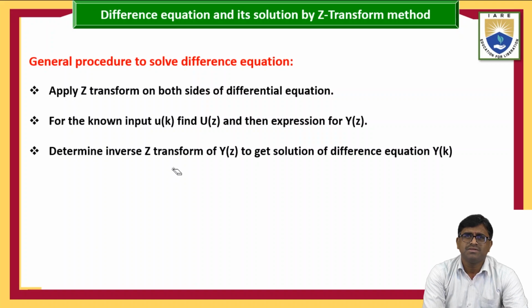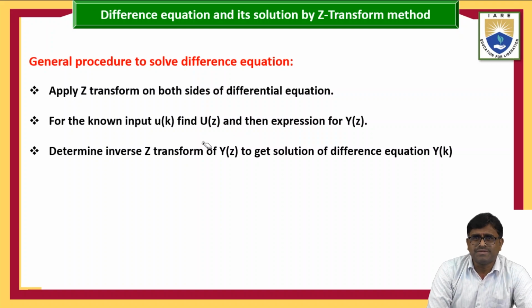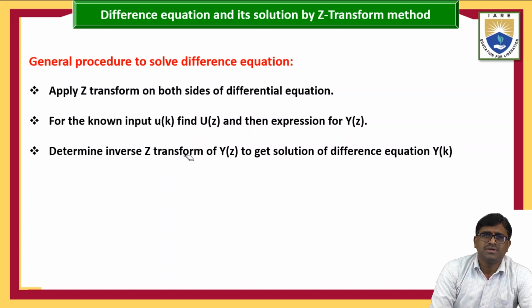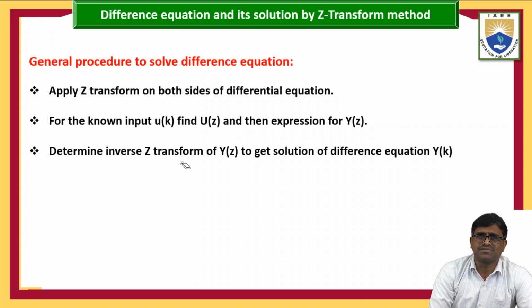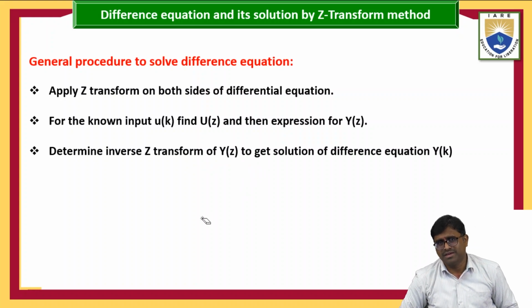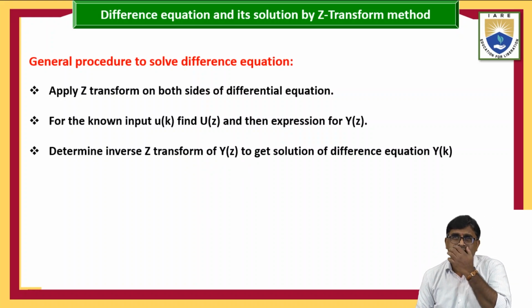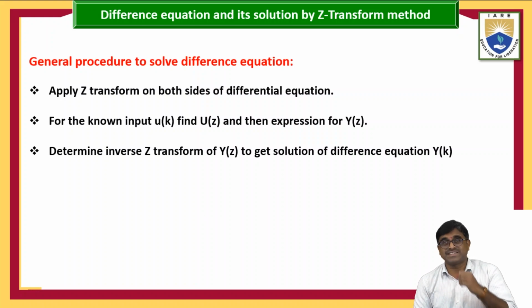After that, if you know the input u of k, find u of z, for the expression of y of z. After that, from the expression of y of z, we take the inverse Z-transform of y of z to get the solution of the differential equation y of k. This is the general procedure for solving the differential equation.